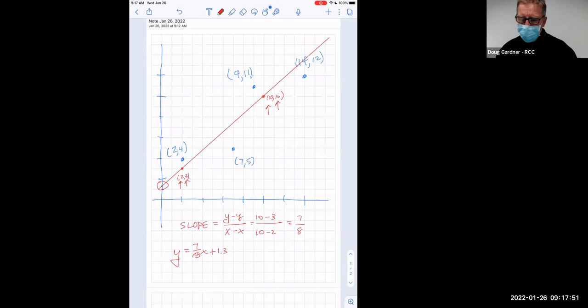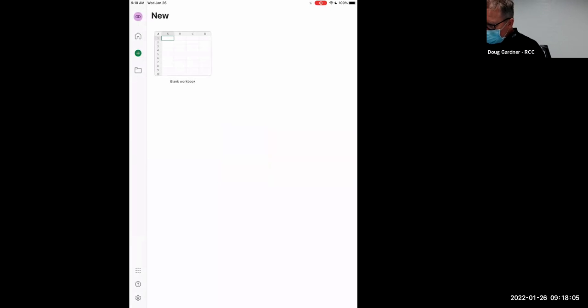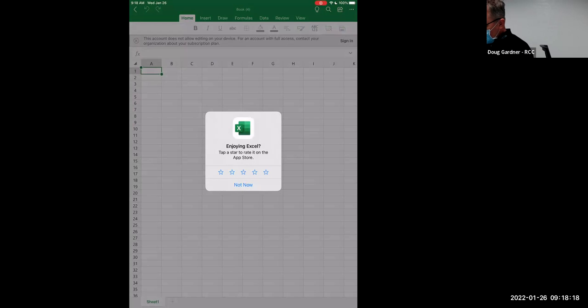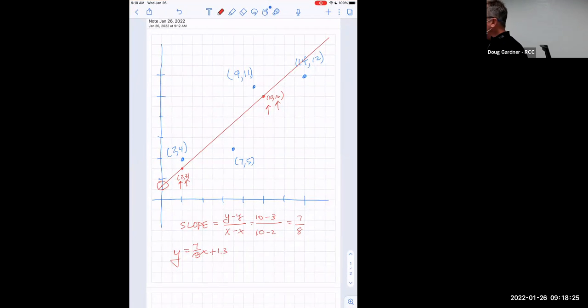What I would like to do now, I'll have to switch back and forth a little bit. Actually, I'm not sure that's going to work. So why don't you do this? You're already in Excel right now.